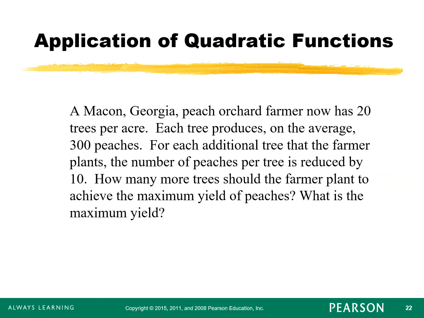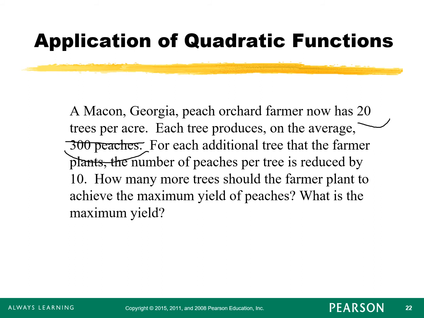So now we'll try to apply our quadratic functions in a mathematical way. Here we have a problem. They said that a Macon, Georgia peach orchard farmer now has 20 trees per acre. Each tree produces on average 300 peaches.